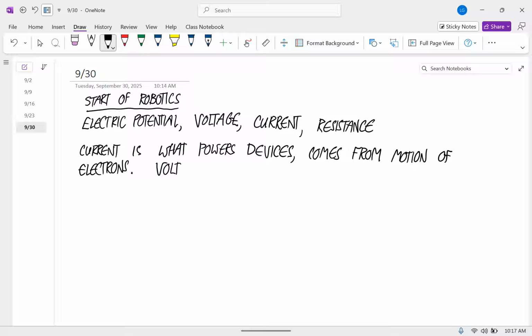Voltage, though, doesn't directly power devices, but it is what makes current flow.